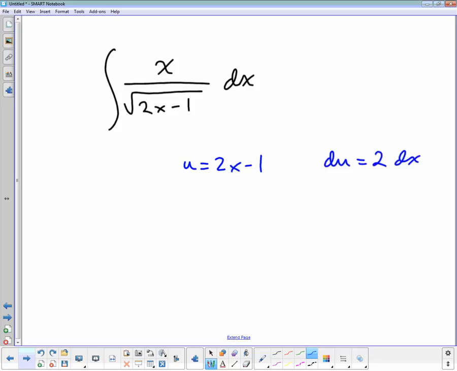That's where the magic lies. So we're going to solve for x, and we're going to solve for dx. And now when we make our substitutions, we'll get it all just in terms of u's.